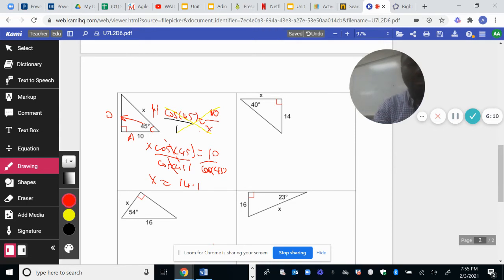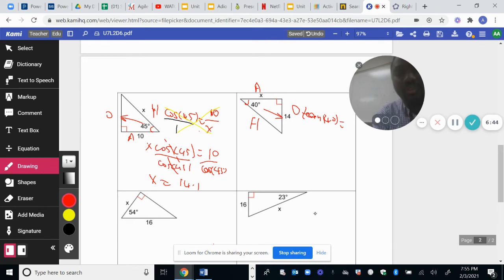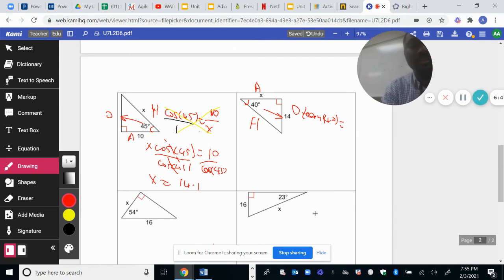On the other side as well, this is the reference angle. Then what do we do? The side across from that reference angle is the opposite. This is adjacent, this is hypotenuse. We have information about the opposite and the adjacent, so that will be tan. So tan 40 will be equal to opposite 14 over x.